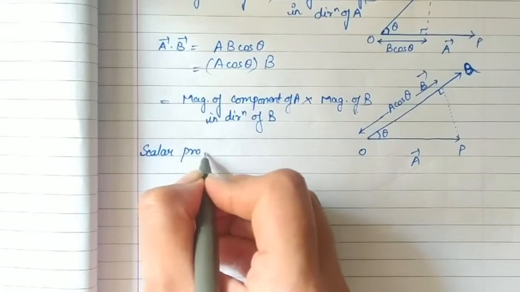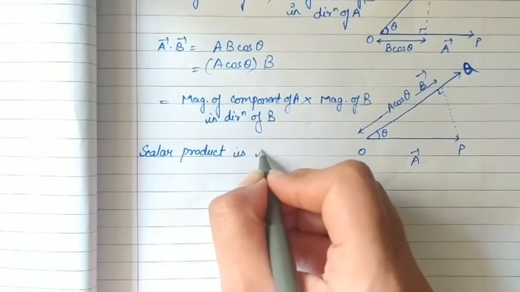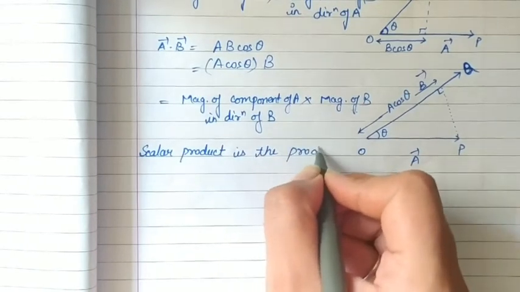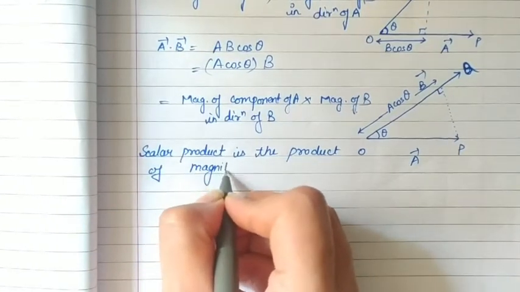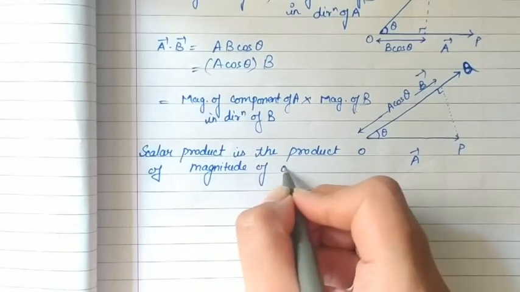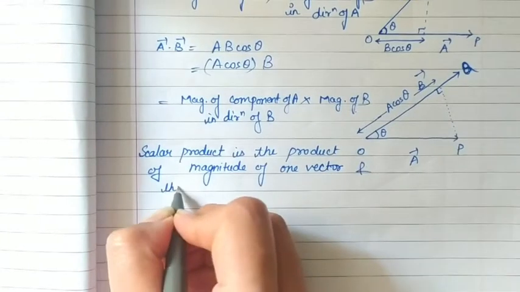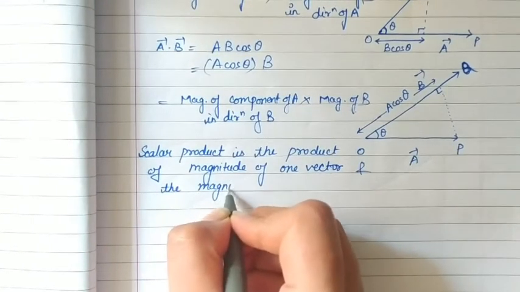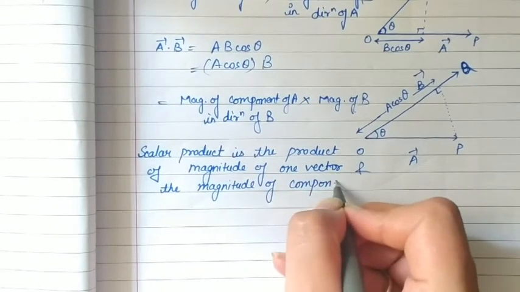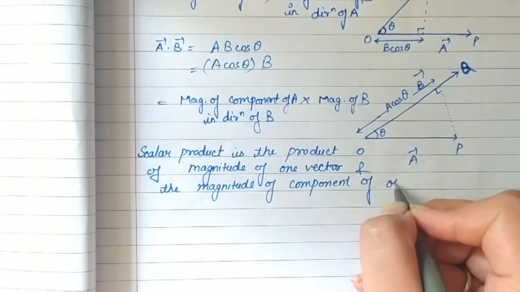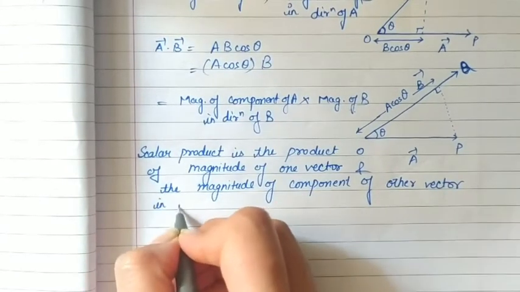So we can define scalar product in general as the product of the magnitude of one vector and the magnitude of the component of the other vector in the direction of the first vector.